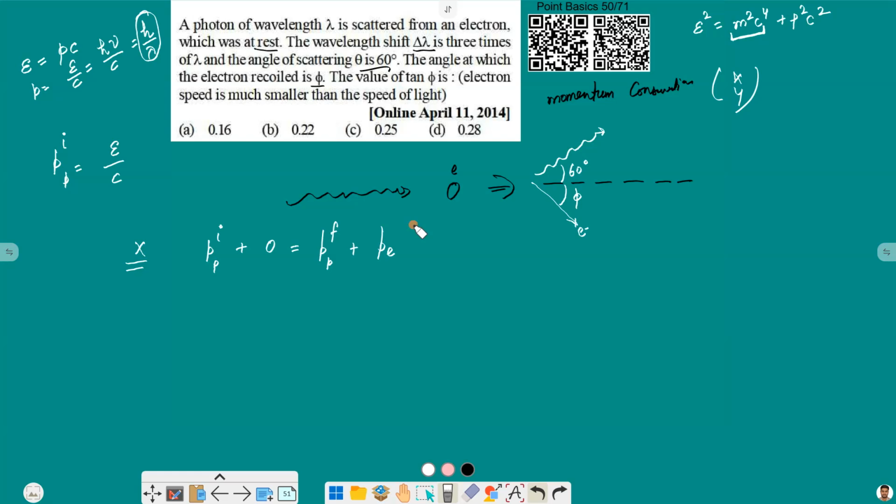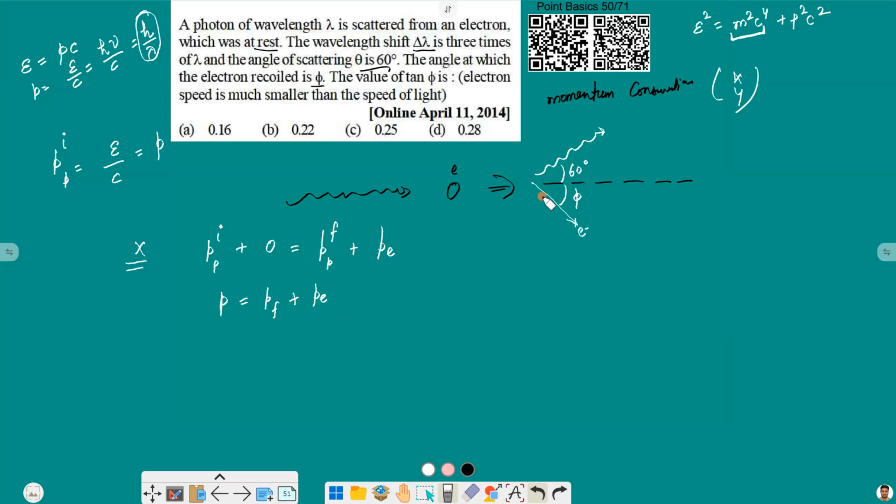For the electron, let's keep it as it is. For the photon we are writing it as P. So P will be equal to the final momentum, let's say PF for the photon, and for the electron that will be PE.